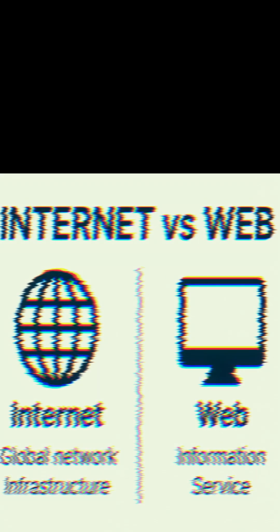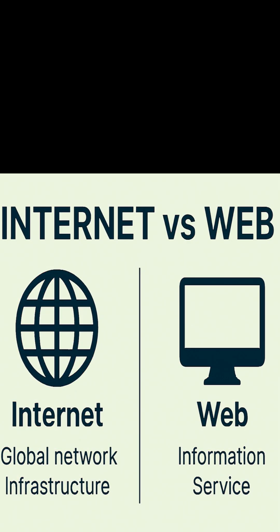There are differences. So what is the internet? The internet is the physical network, or the infrastructure, which comprises the cables, satellites, routers, and so on, that connect computers globally. So that is the internet.